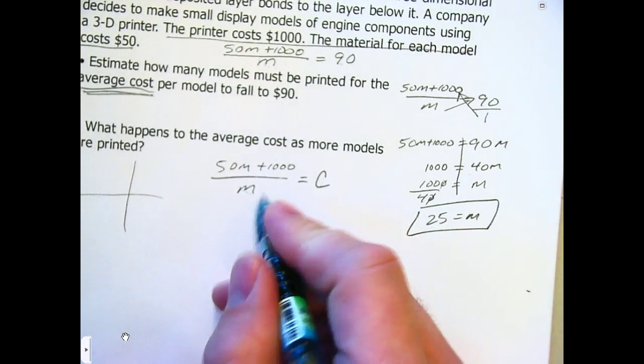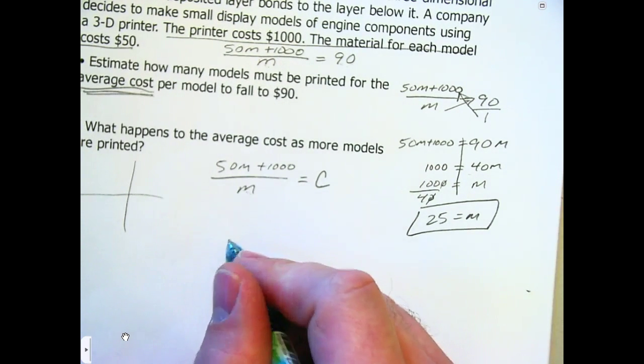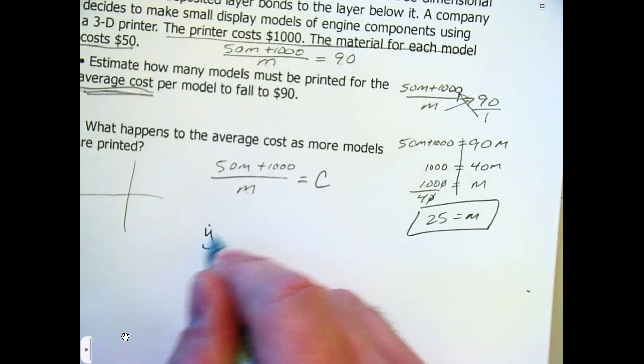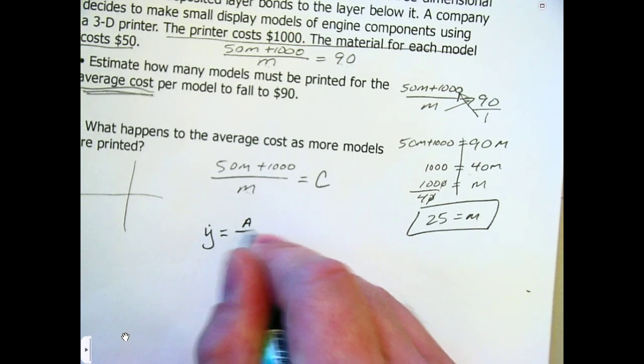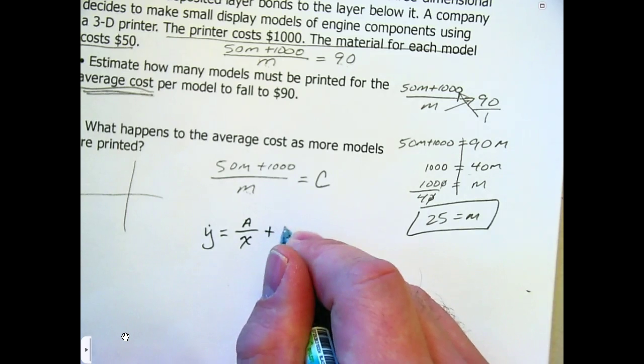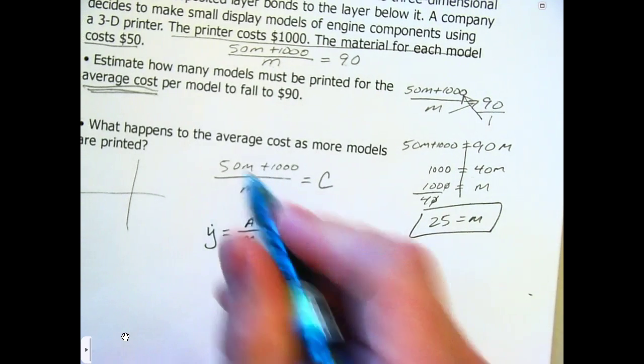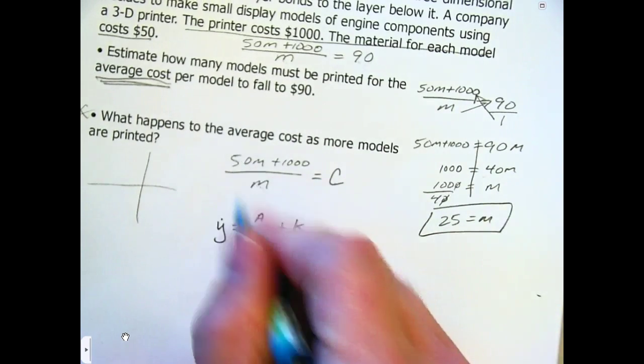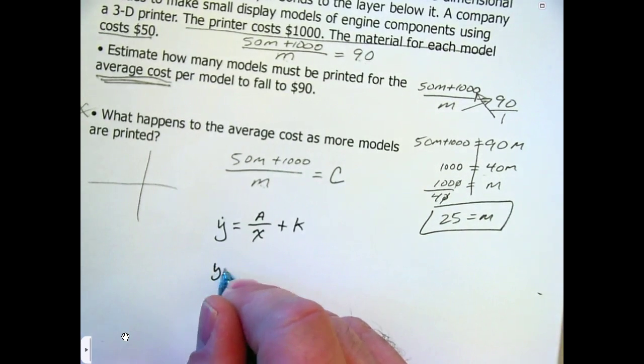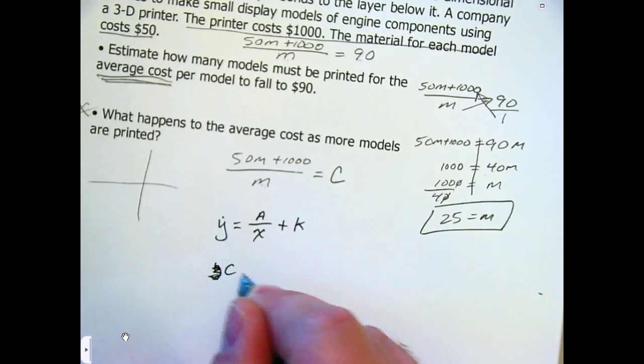One thing that Sylvia did up here, she changed it to y equals a over x plus k form. All right? So if you take the 50m, or let's put c, so c is y.